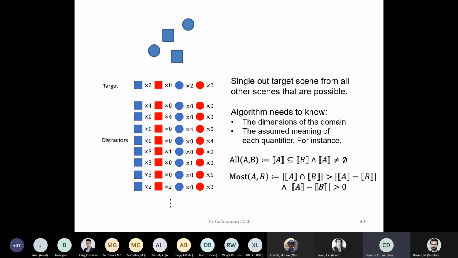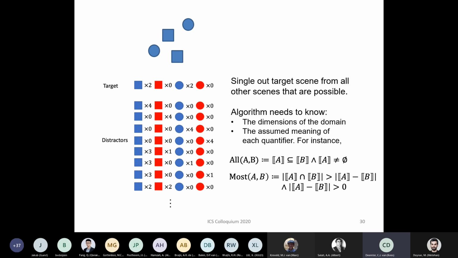So what the algorithm starts out doing is mapping out all the logical possibilities. So everything might be a blue square, or there might be 3 blue squares, and so on. There's a finite number of possibilities for each n. So if n is 4, it's somewhere in the 30s. It's a finite list.